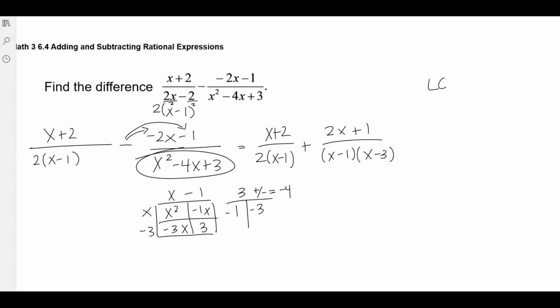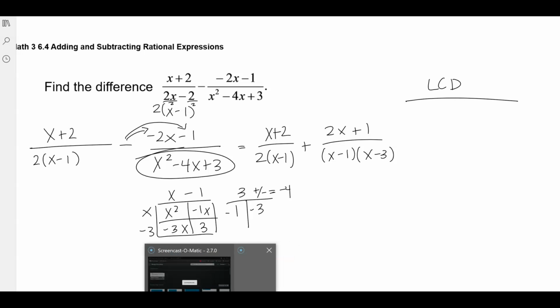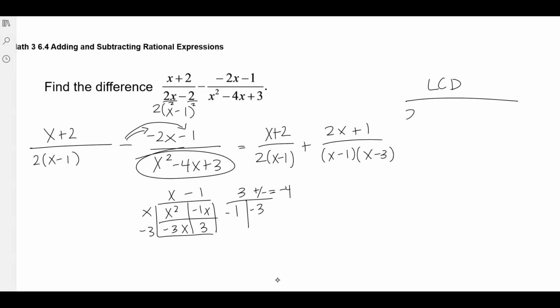So remember, you need your lowest common denominator. So we have 2 times x minus 1, and then we have x minus 1 and x minus 3. So notice that they have x minus 1 and x minus 1 already in common.